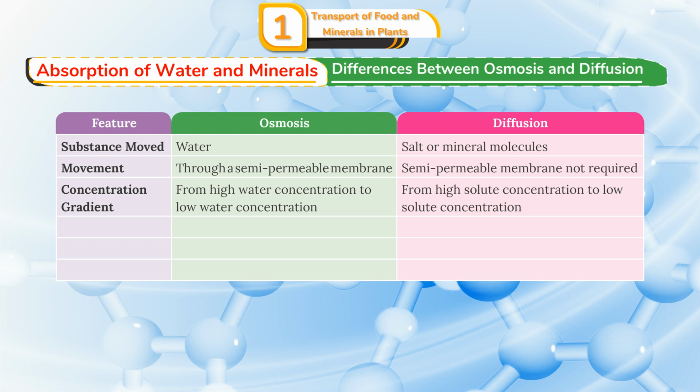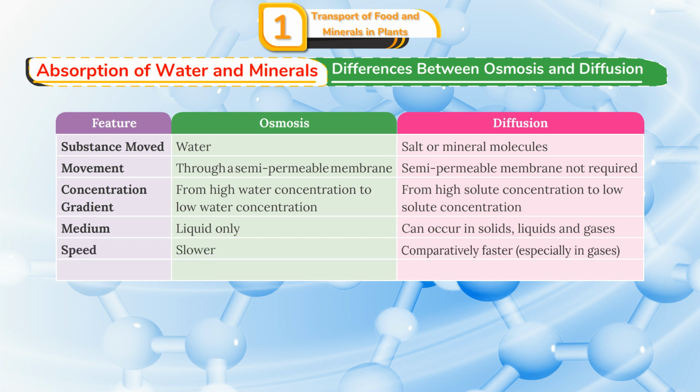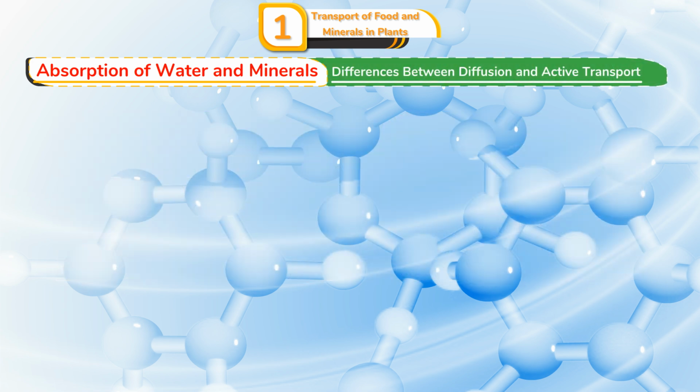Concentration gradient: from high water concentration to low water concentration; from high solute concentration to low solute concentration. Medium: liquid only; can occur in solids, liquids and gases. Speed: slower; comparatively faster, especially in gases. Example in plants: water absorption by roots; mineral uptake by roots.